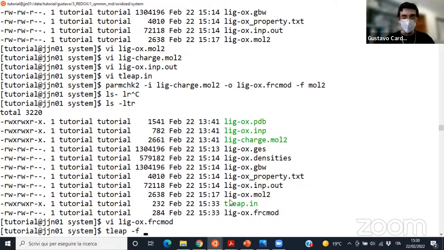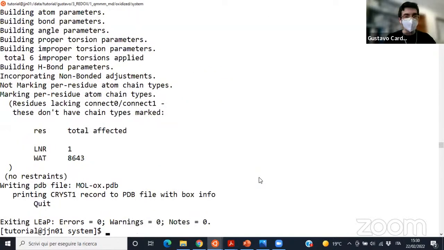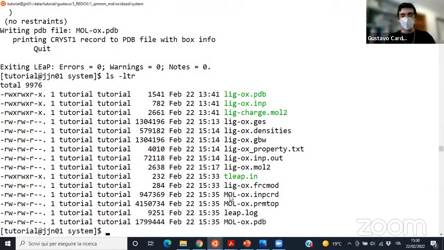We already have the input here, which is tleap.in. And hopefully it won't give any issues. Okay, so it didn't. Great. Let's see what we got here. So once again, it created the coordinates, the parameters, and the PDB to visualize the geometry.